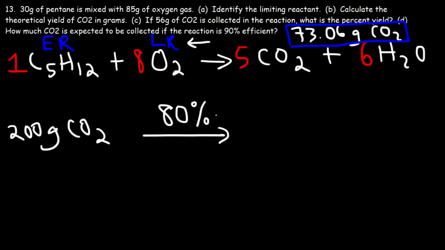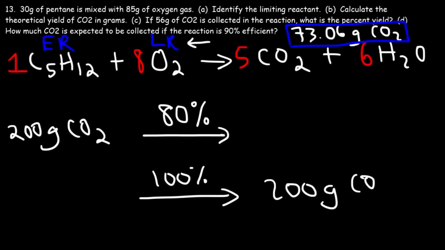How many grams of CO2 are we expecting to collect in this reaction if it's 80% efficient? Now, if it was 100% efficient, then we would collect the most that we can get, 200 grams. But since it's 80% efficient, we're going to get 80% of 200. And so that's going to be 160. So basically you take 200 and multiply by 0.80.